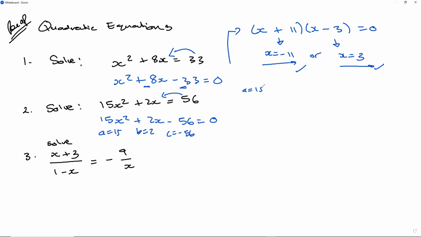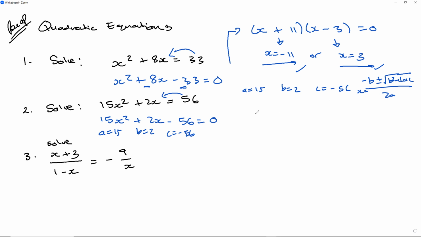I can substitute into the formula, x equals negative B plus or minus the square root of B squared minus 4AC, over 2A, to get my x value. Or I could try again and try to factorize it. But what if it doesn't factorize? Then it would be quicker to do that, or put it into your calculator and let your calculator solve it for x as well.